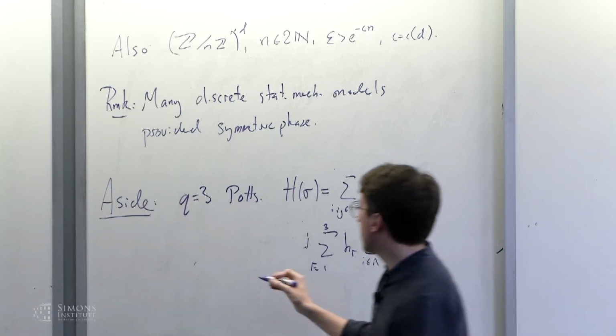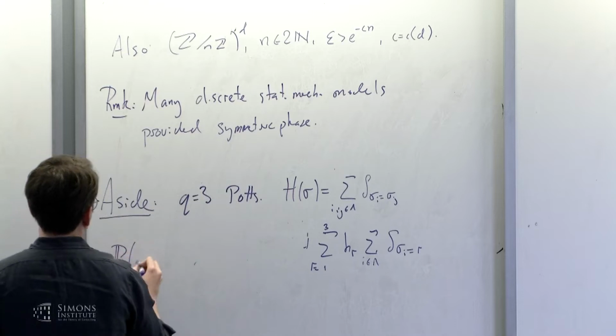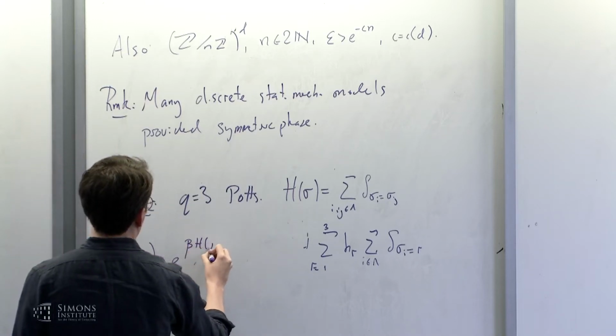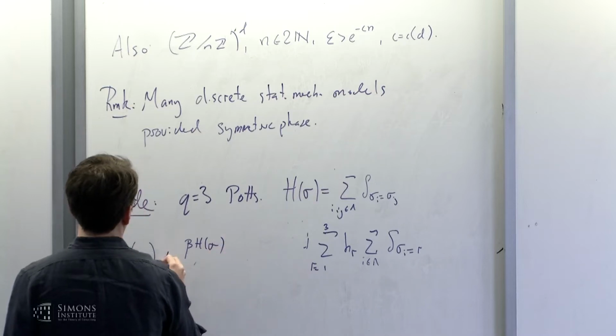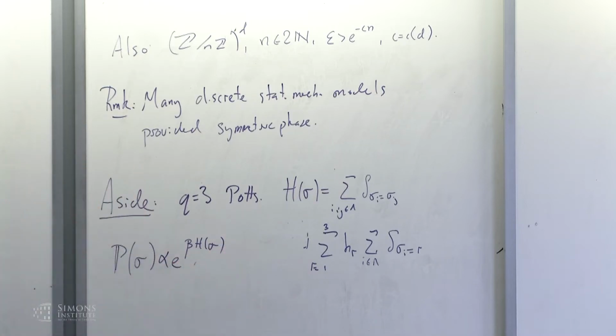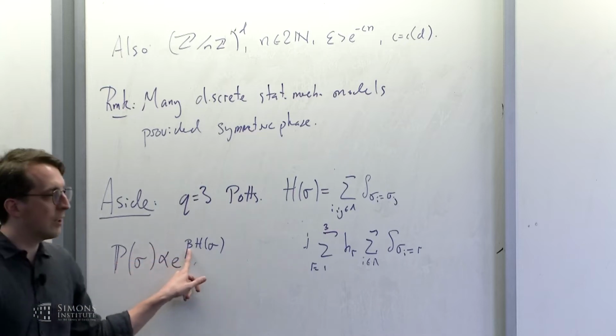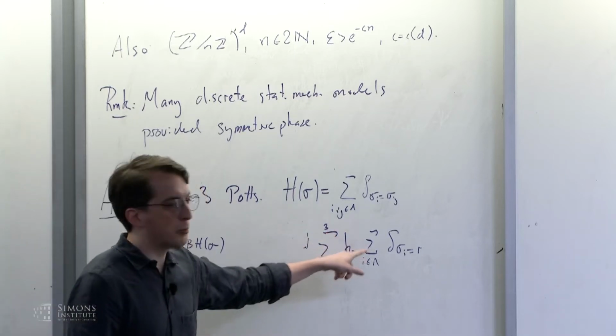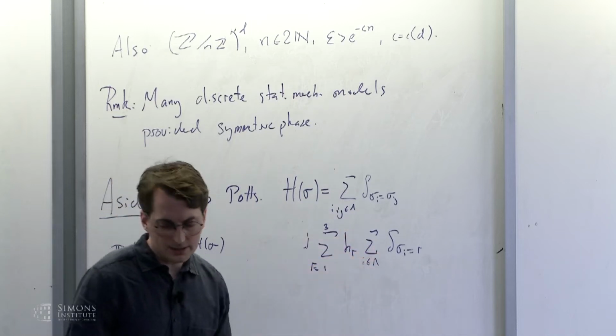So the probability of a configuration is e to the minus beta times the energy. Okay, so if beta is very large, this is a low temperature scenario, and if beta is small, it's not. And these sort of break the symmetry between the various colors.